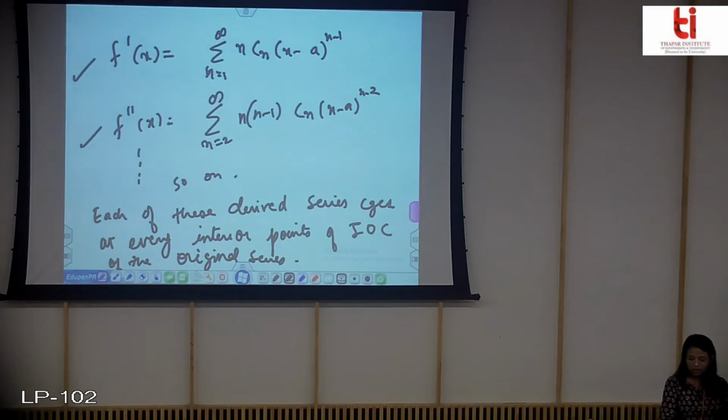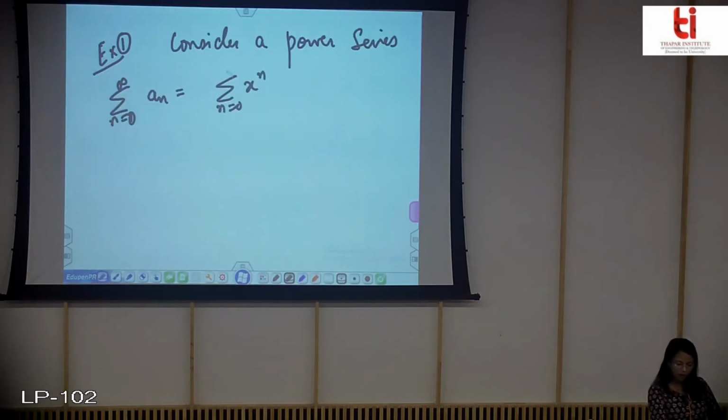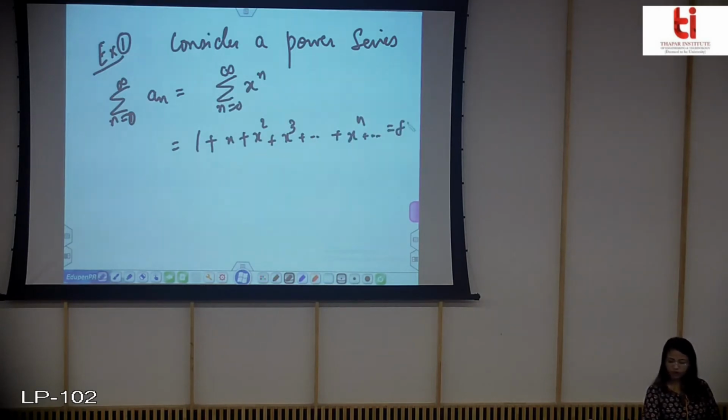So now let us consider an example. For this, consider a power series. You have this power series which you know you can expand and write like this, which is your f of x.